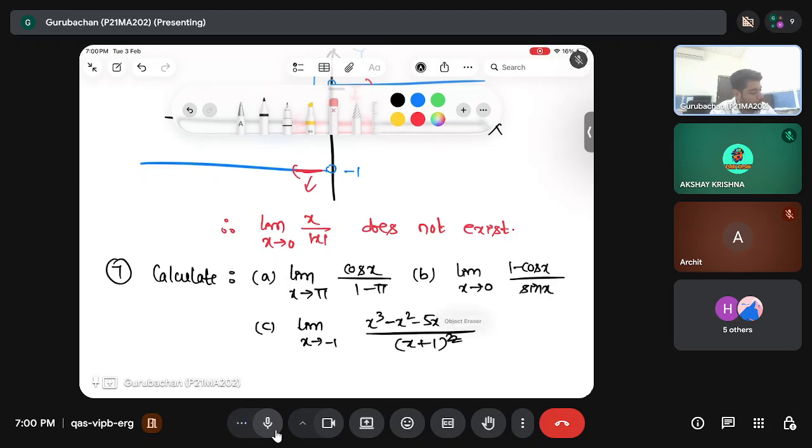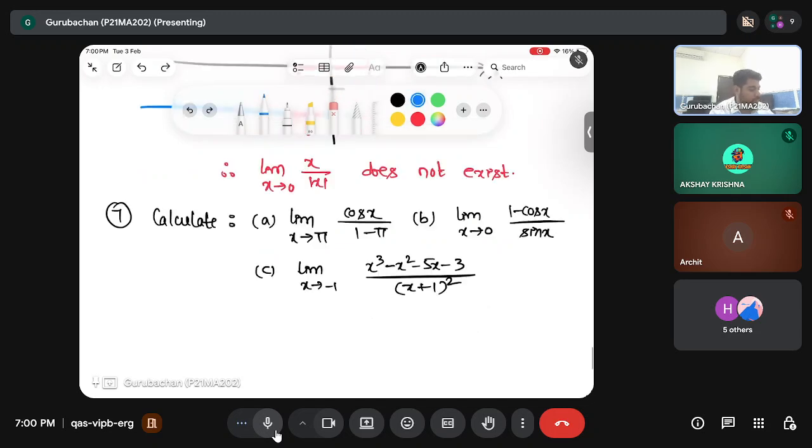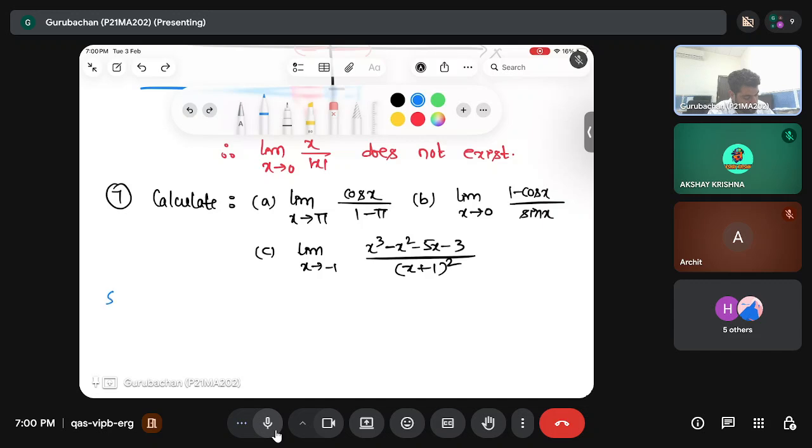Calculate these limits. And you should calculate with the proper limit properties or algebra of limits, following those rules. I'll ask at each step which rule you are using.